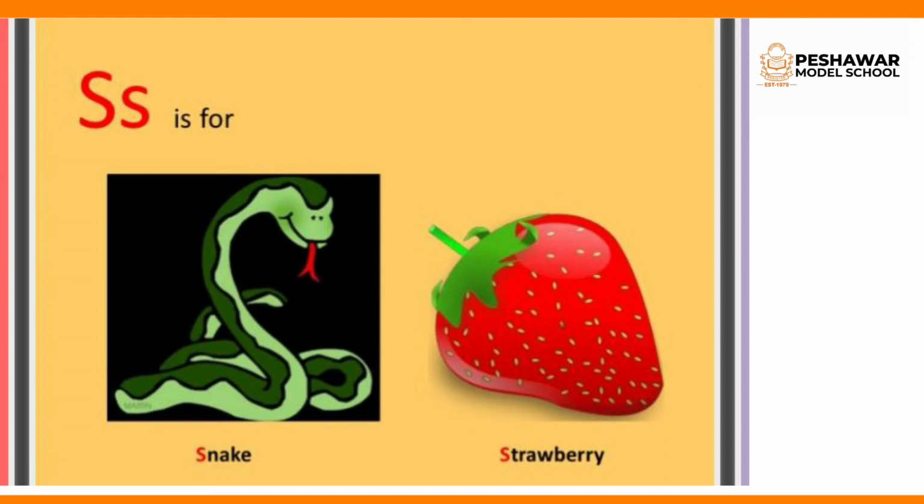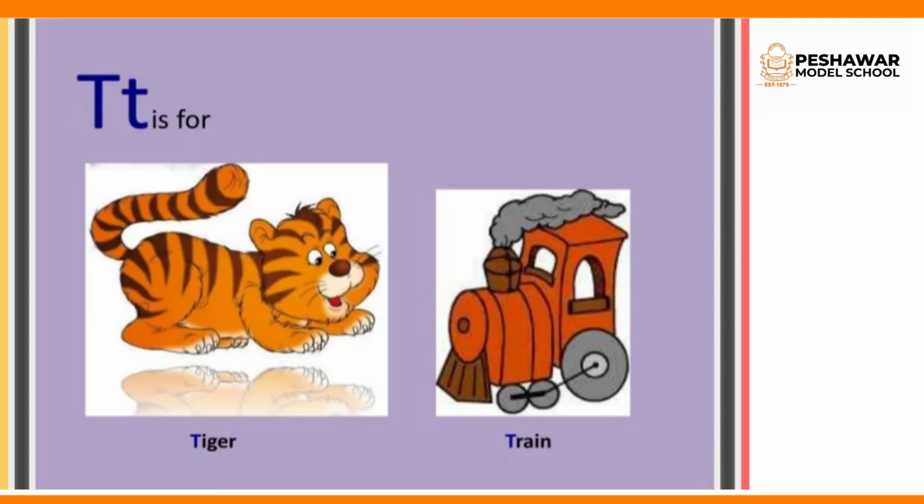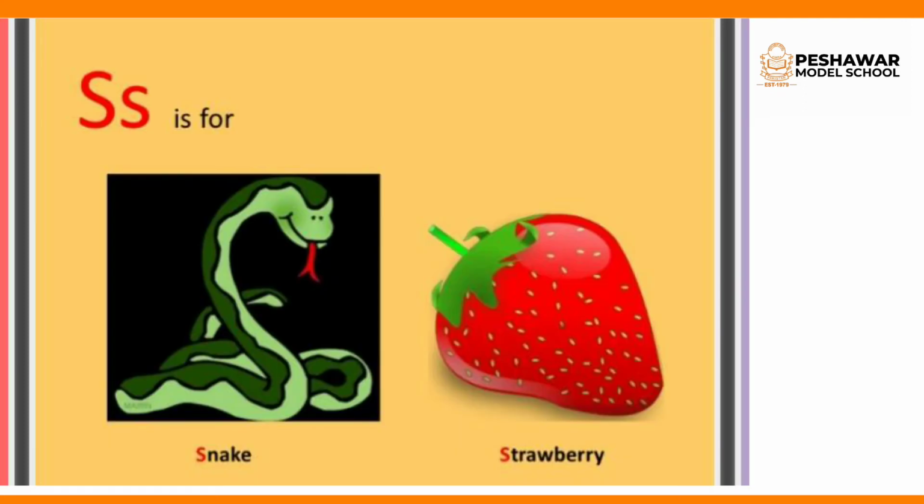In snake, the initial sound is S and the final sound is A. The second example is strawberry. In strawberry, the initial sound is S and the final sound is Ya.